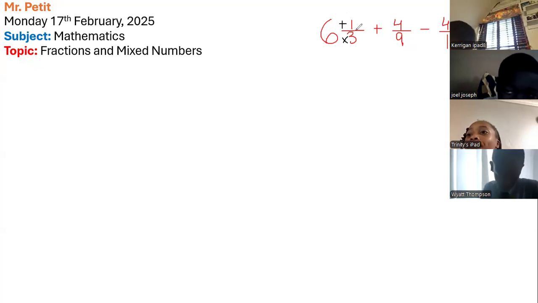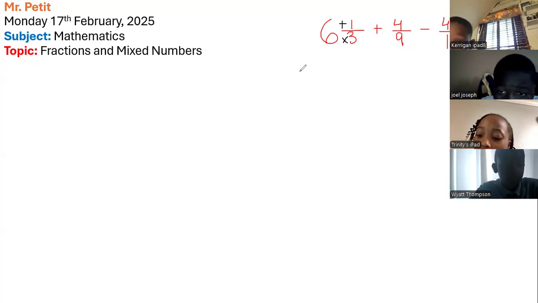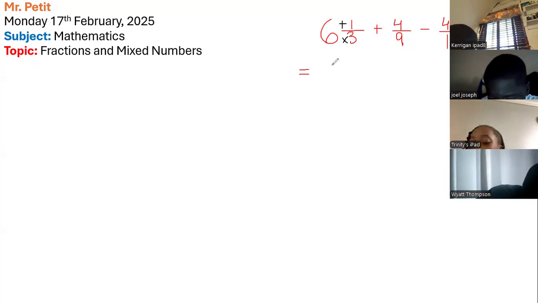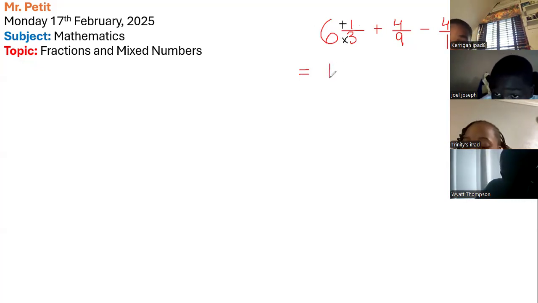All right, so everyone change 6 and 1/3 into an improper fraction. When we do that, what do you get? 19/3. So we have 6 times 3. What is 6 times 3, Wyatt? 18. Plus 1? 19. So we have 19 over what?